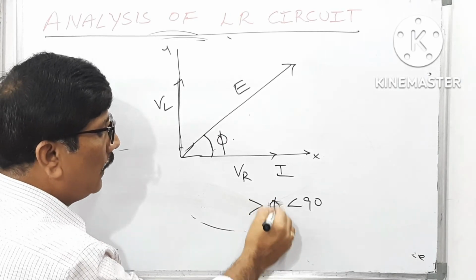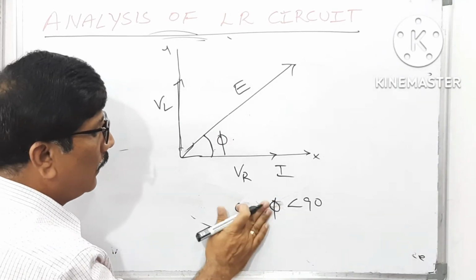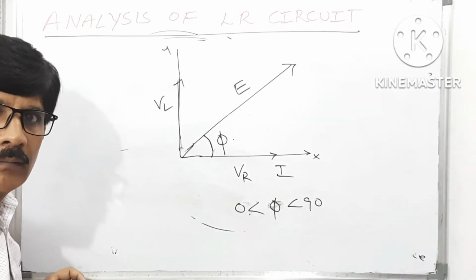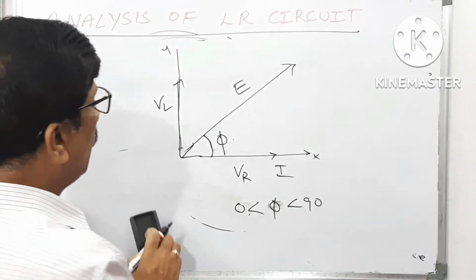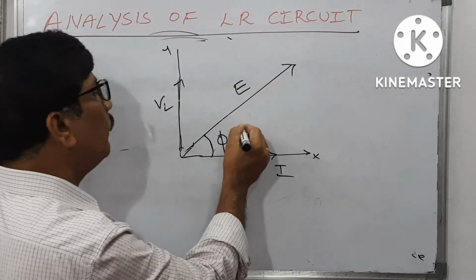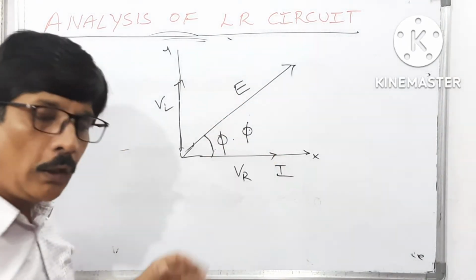So the phase angle is more than 0 and less than 90 degrees. It is an acute angle. Clear? So this is about phase and the phasor.